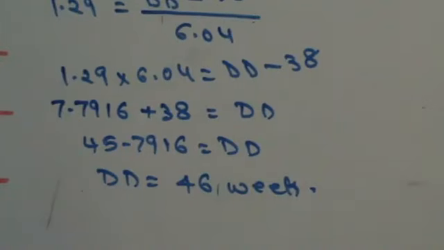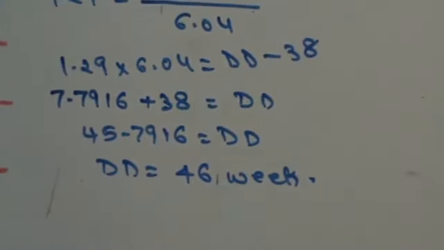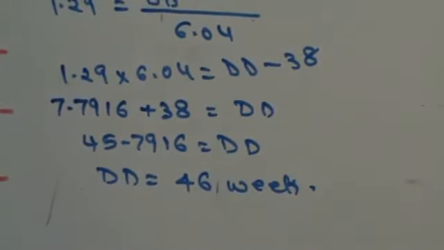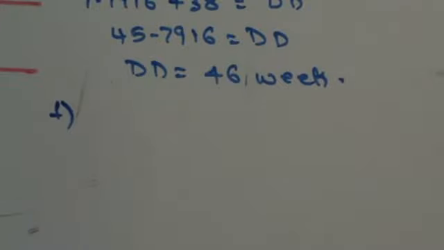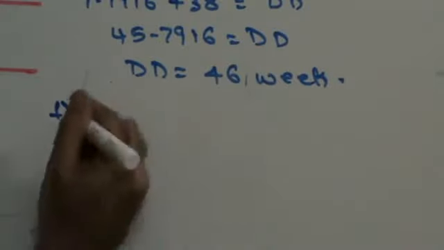Fine, do we get this thing clear? Next, second part of the question, they are saying that there is a huge penalty for exceeding a deadline of 44 weeks. What is the probability of being penalized? Right?